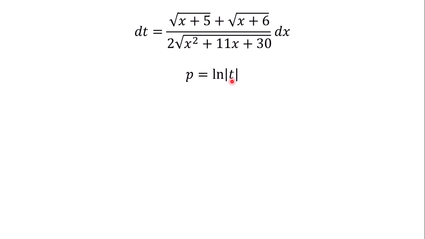You apply the differentiation rule on it, and you get t over absolute value of t times the derivative of t, which is 1. So you're just going to get 1 times 1 over absolute value of t, which gives us t over absolute value of t.